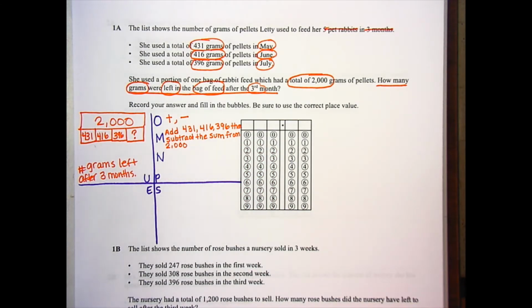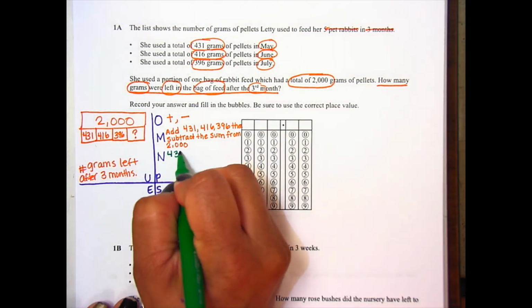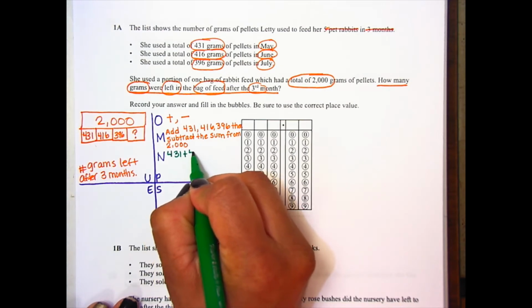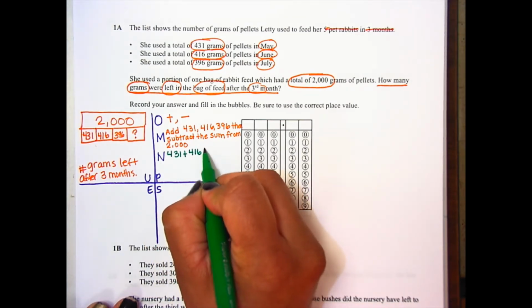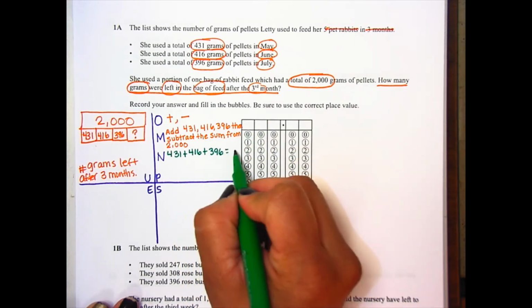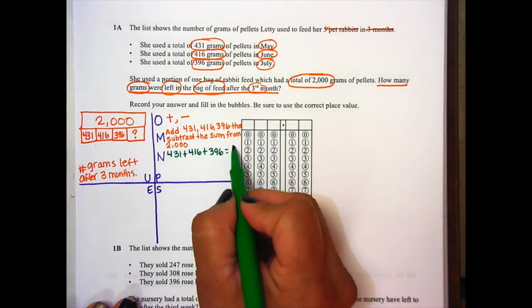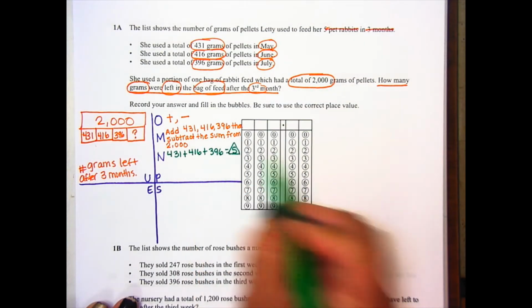So our number sentence is going to be 431 plus 416 plus 396. That's going to be your sum. Then once you get your sum, I'm going to put in a little triangle.